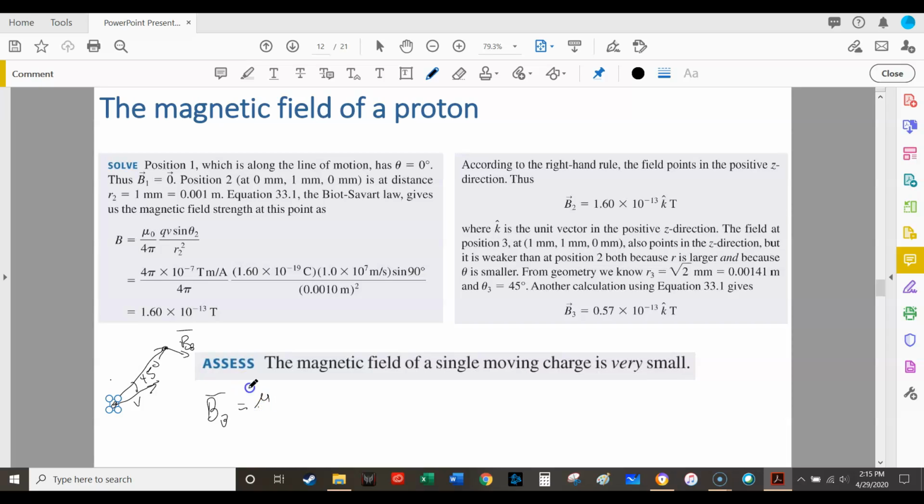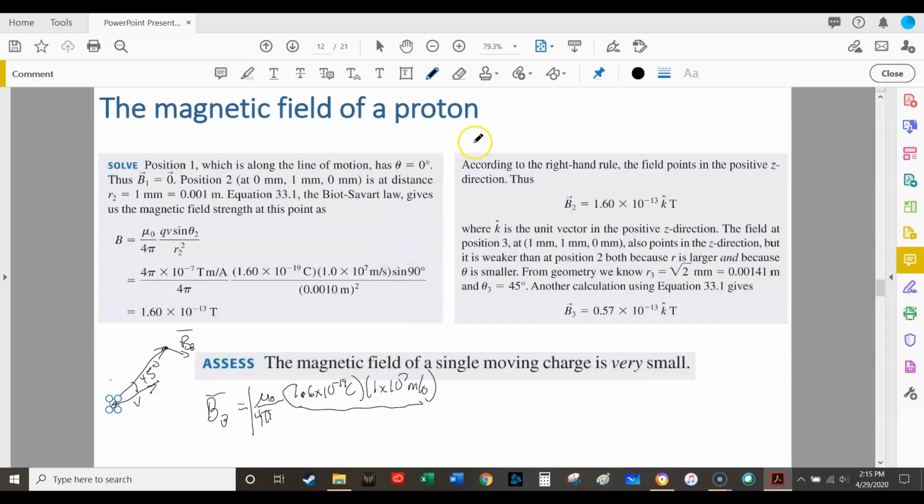So again, you're going to have mu naught over 4 pi, okay? And again, we're going to have the same setup, 1.6 times 10 to the negative 19th coulombs, and that object is moving at 1 times 10 to the 7th meters per second, which is extremely fast.